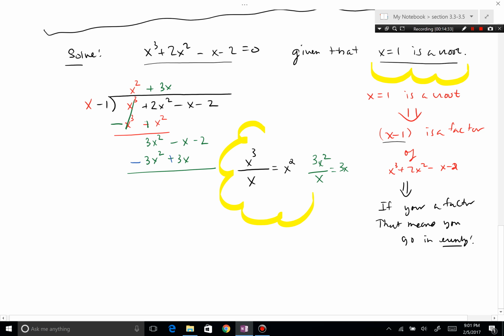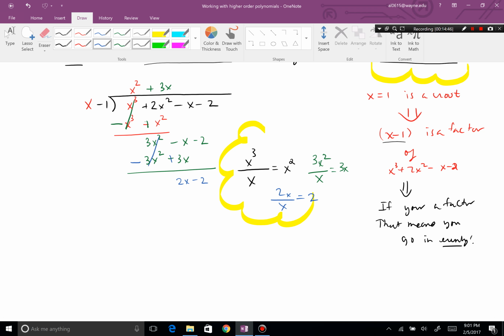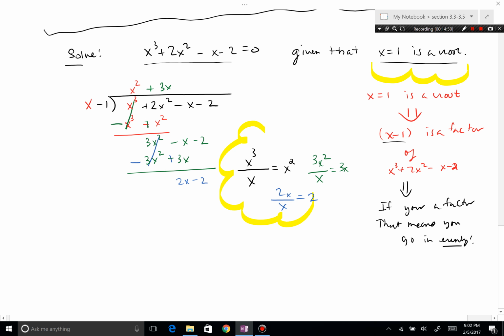Boom, boom. Drops. Then this is going to give me 2x minus 2. Finally, how many times does x go into 2x? Just 2 whole times. And long division is a very important key, guys. If you're not good with long division, I really don't know what you're going to do when you get to calculus. So please be good with long division, and it's a very important key.